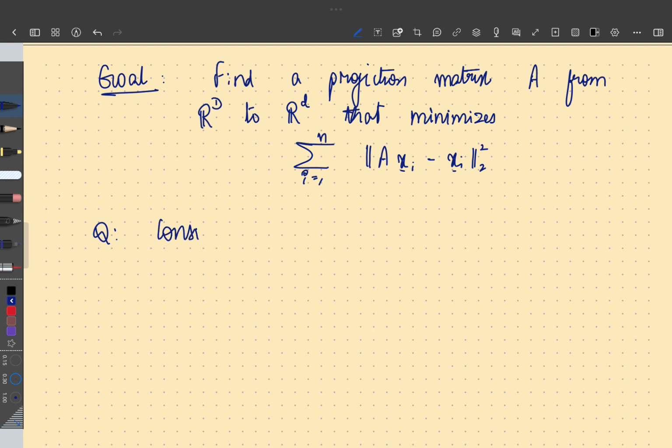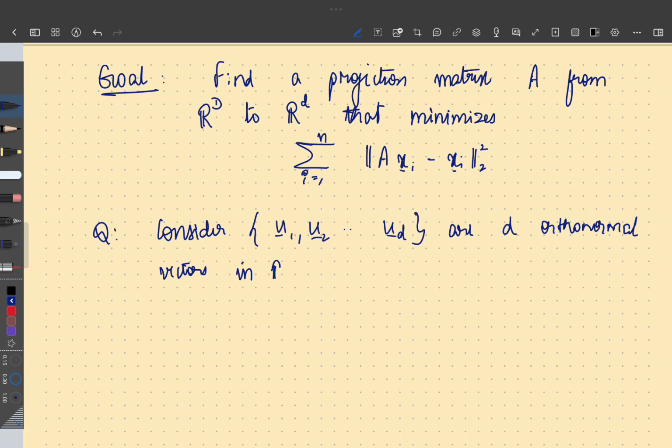Let's say that u1, u2 up to u little d are d orthonormal vectors in R^D.